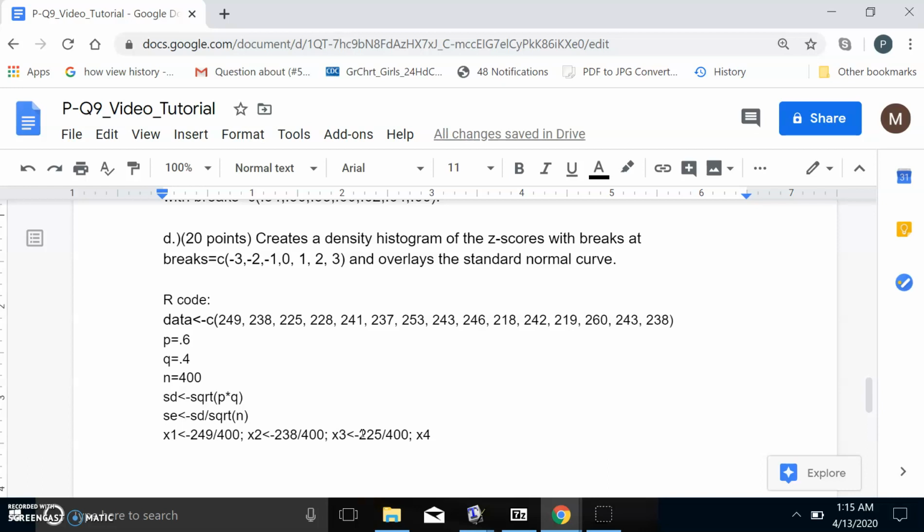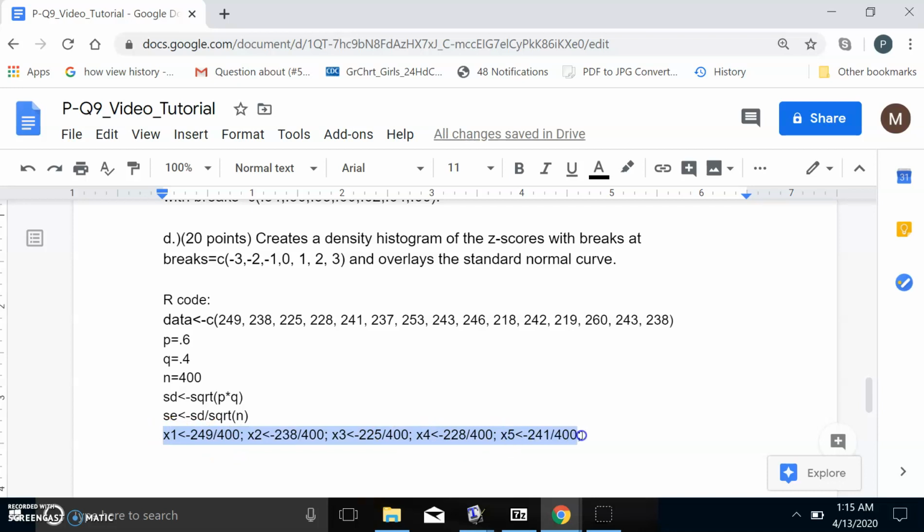Moving on to the next one, 228, so 228 divided by 400. Then x5. We're on 241 now, so 241 divided by 400, semicolon.